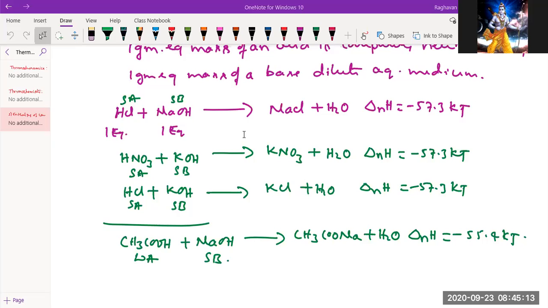So the enthalpy is constant. For any strong acid or strong base, the extent of ionization is the same. It ionizes completely, so the enthalpy is constant. The same number of ions are getting converted to salt and water.